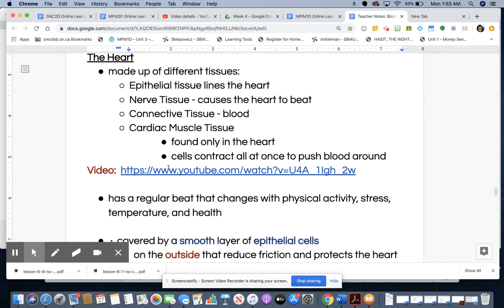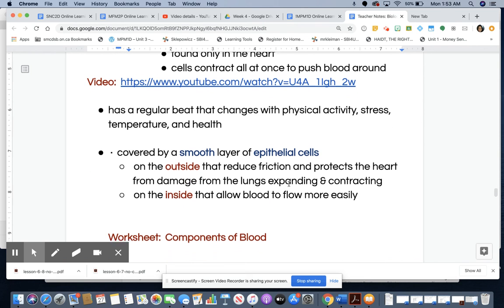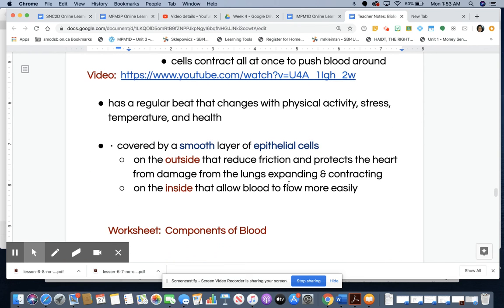I've put this YouTube video on our learning log for this week so that you can have a look. It's basically how everything is going to work in the heart. Our heart is super unique in that it keeps a regular beat. It's the best musician out of all of us. And this beat changes. It knows to speed up with physical activity.